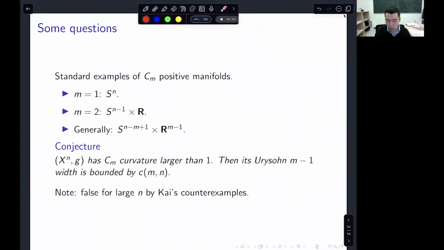For instance, one could hope that C_m curvature larger than 1 implies that the Urysohn (m-1)-width is bounded by some uniform constant. So it looks like at most an (m-1)-dimensional manifold in the microscopic sense, as these examples illustrate. Note that this is generally false for large m, by Kai Xu's counterexamples, but it's still an interesting question even in low dimensions. So it's far from being well understood.